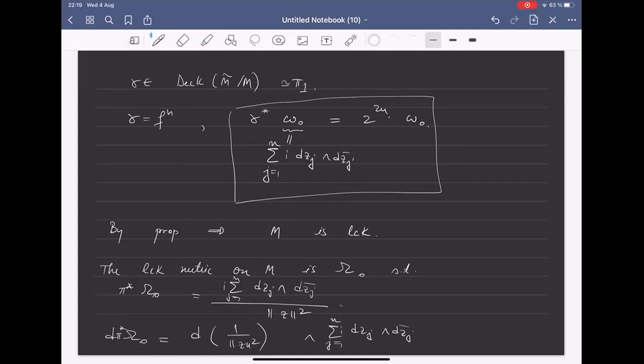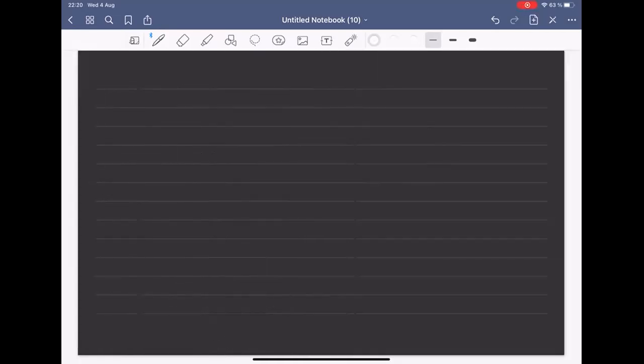So if you want to introduce artificially the omega 0, we divide here by the norm squared, we multiply again with the norm squared, and we get that the differential of the pullback of omega 0 is equal to the derivative of 1 over the norm squared divided by 1 over the norm squared wedge the pullback of omega 0.